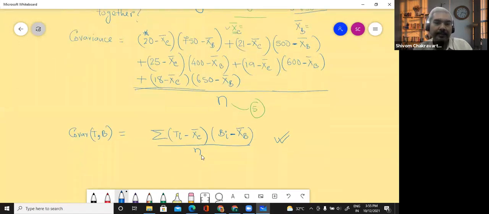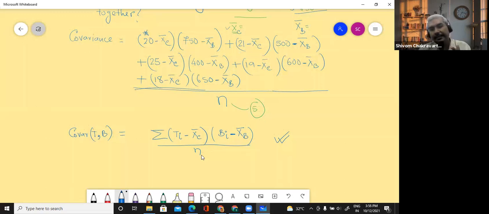So this is the covariance. It at least tells whether these two variables, temperatures and buses, are varying in the same direction or opposite direction, that is, whether they are in direct proportion or inverse proportion.